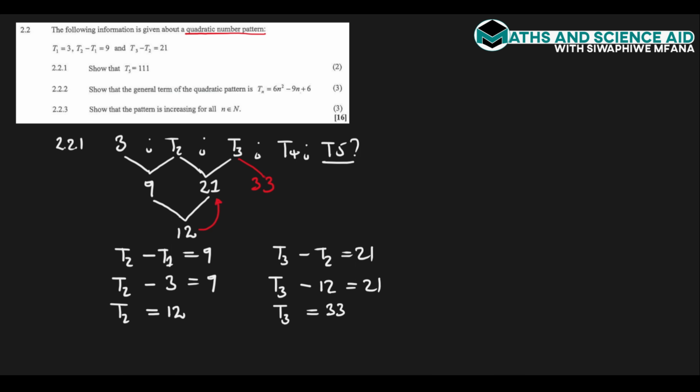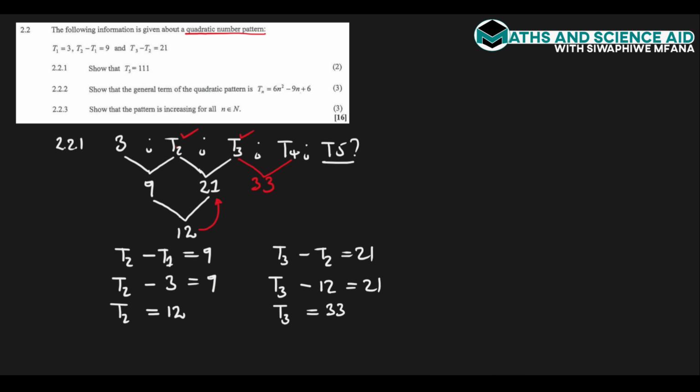And then we can do exactly what we did when we were working out term number 2 and term number 3. Note that all we were doing was simply adding the difference to the previous term in order to work out the next term. Let's look at it again. T2 is equal to 12 and 12 is simply 9 plus 3.